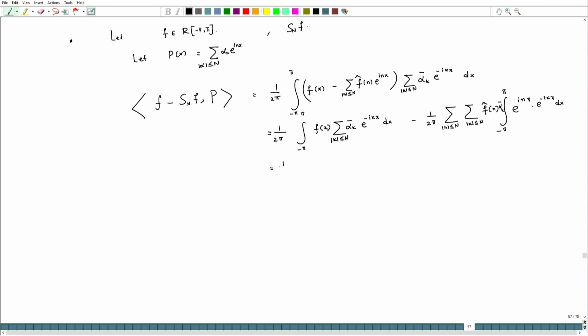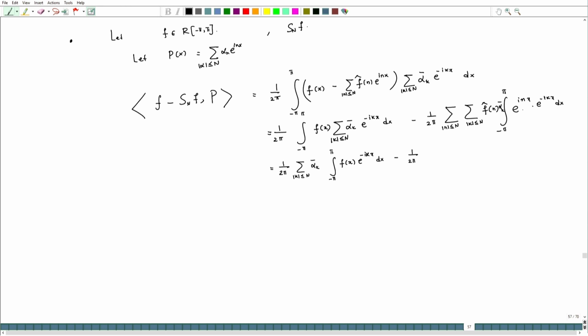The other term also we take out, with mod k less or equal to n, and alpha k bar is a scalar, so we get that out, minus the integral from minus pi to pi of f of x e to the power minus i k x dx. This is nothing but f hat of k, with the factor 1 by 2 pi.